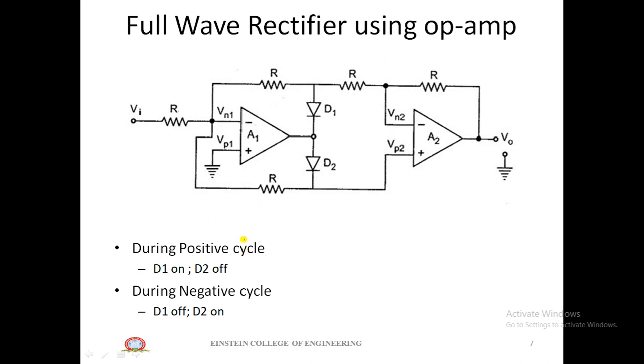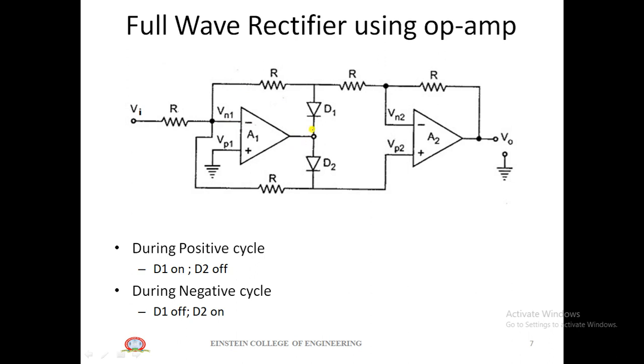During positive cycle, the input signal is connected to the inverting terminal. So it is an inverting amplifier. So the input signal will get inverted on the output side. So the positive cycle will get inverted, and here there will be a negative output.